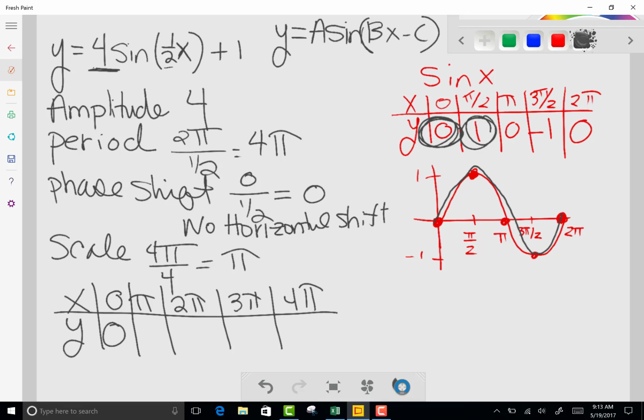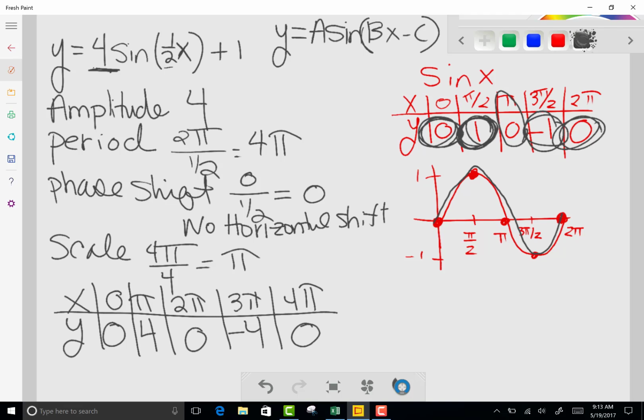So in this case, since my amplitude is 4, I'm going to come up to my maximum, which normally on the mother function is 1, but because I have an amplitude of 4, this is going to be 4. Then the center point is going to come back down to the x-axis and give me 0. And then I'm going to come down to my minimum point, which, since my amplitude is 4, is -4. And then I'm going to come back up to the x-axis.